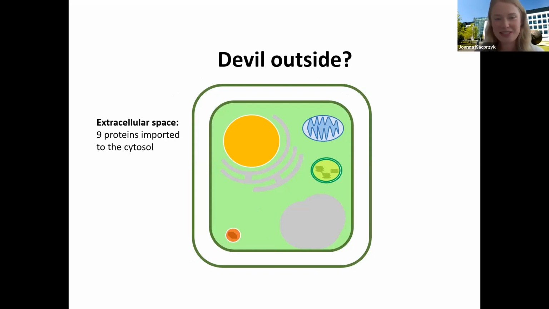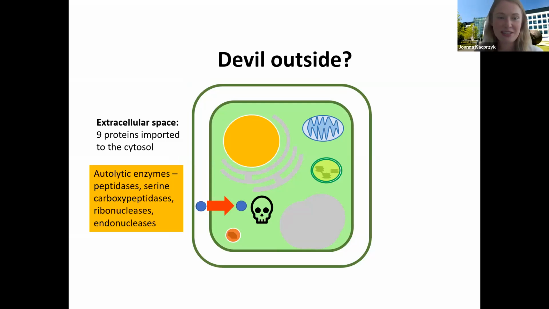So she noticed that there are some proteins from the extracellular space, from the plant apoplast. Nine of them seem to be imported back into the cytosol when the programmed cell death is induced. So we think that they might be actually executing the PCD process. Interestingly, these proteins seem to be autolytic in nature.